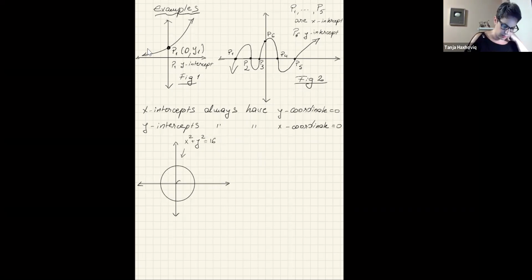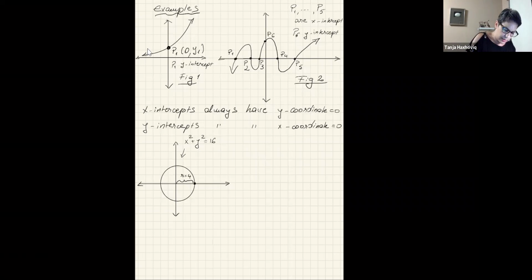Let's say the radius here is equal to 4. So this is a given graph. How to graph such a thing we'll learn in the next 2 lectures or so. But for the moment, let's say that you have this graph. Identify the x and y intercepts.